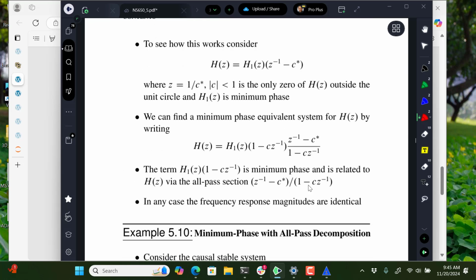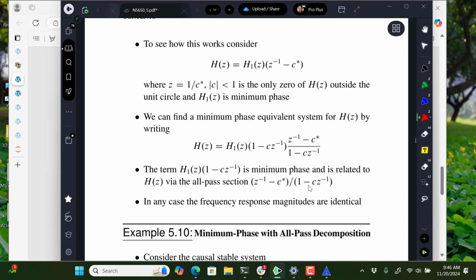So to see how this works, H of Z is composed of H1 of Z, which is assumed to be minimum phase, and then it has this 1 minus C z inverse in it up there, which is going to be outside the unit circle. It says where Z is 1 over C conjugate and magnitude of C is less than 1, so that's got a 0 outside.